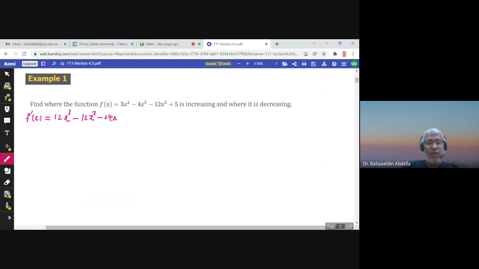After finding f prime, I need to study its signs, where f prime is positive and where it is negative. To study the signs of any quantity, I need to find its zeros, because the quantity changes sign around the zeros. So I need the zeros of f prime. What are they? I put f prime equal to 0 and solve it.